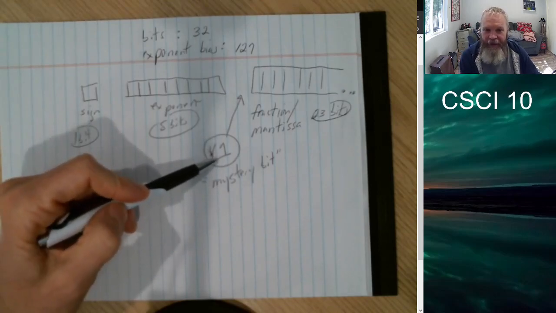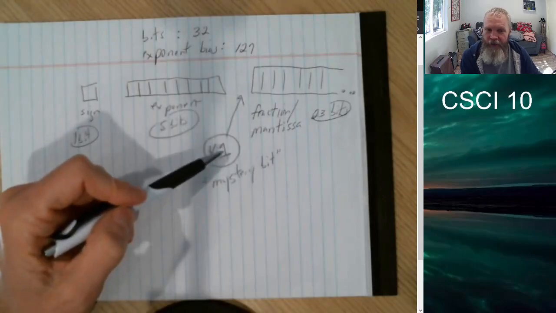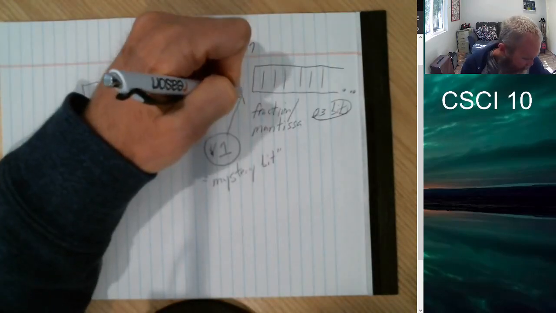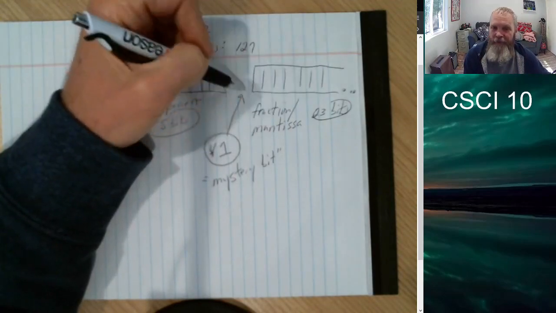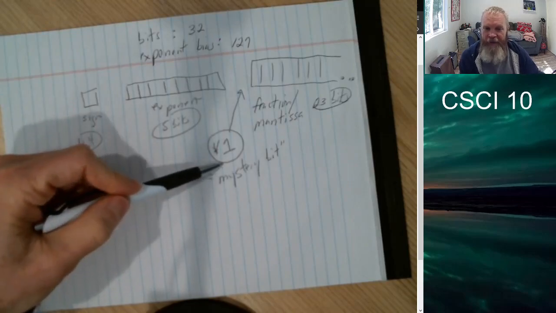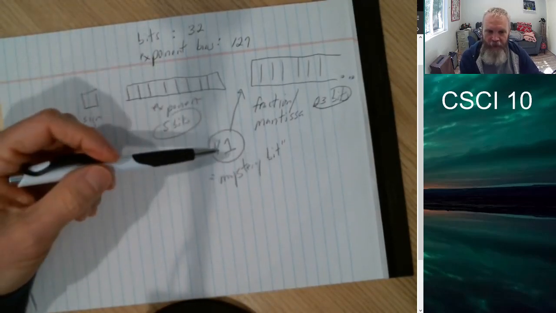And you'll see in a second when we work through a problem how the mystery bit works. It's not included in the 32, but it's there, and it's kind of assumed to be right on the front of the fraction. So that part is kind of funky, but it's just the way that the standard is defined to work.